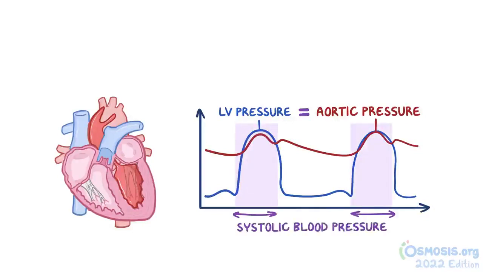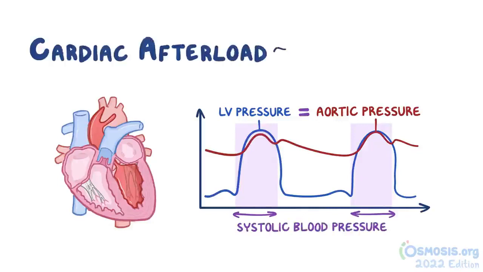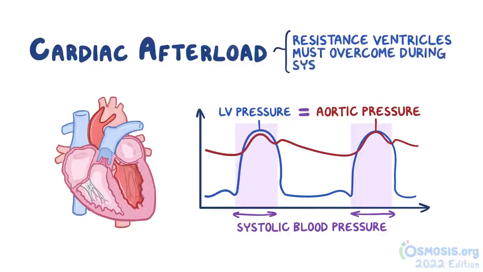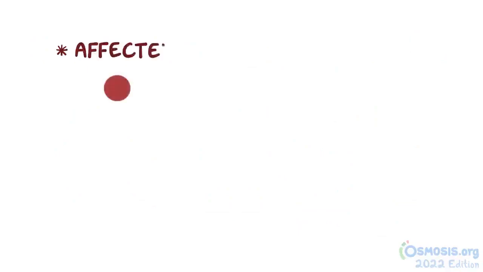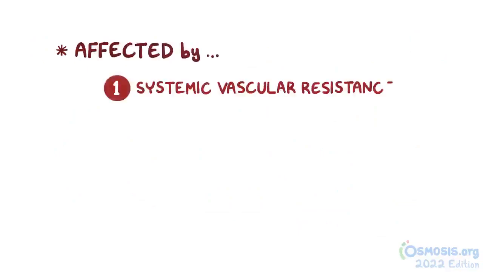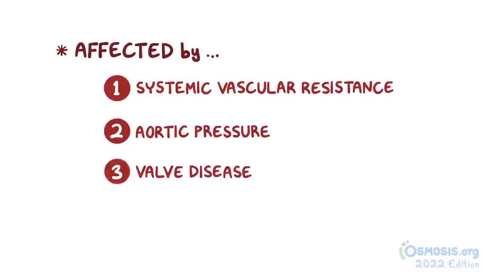This leads us to a most commonly used definition of afterload, which says that afterload is the amount of resistance that the ventricles must overcome during systole. So left ventricular afterload is affected by systemic vascular resistance, as well as aortic pressure and valve diseases.